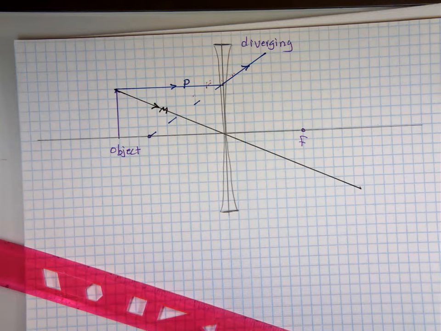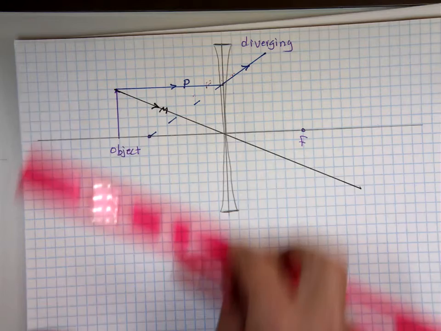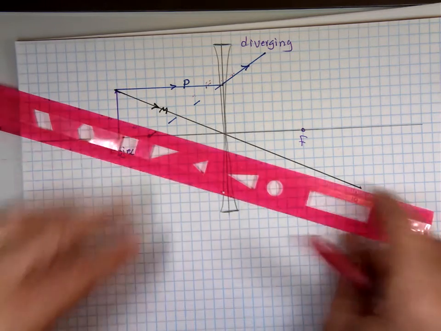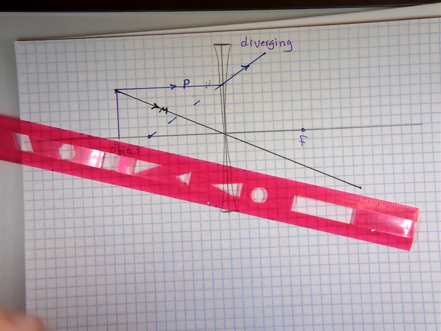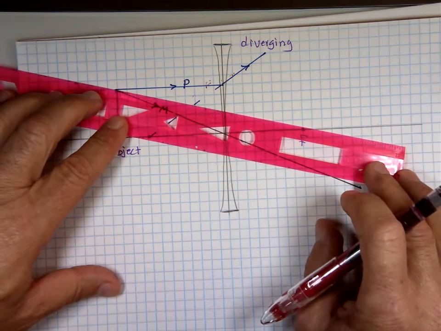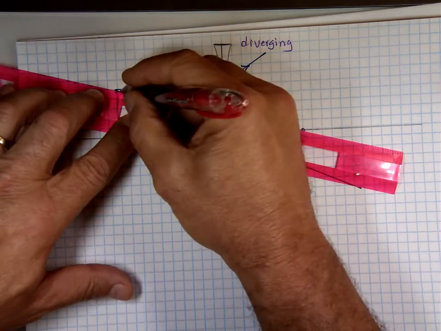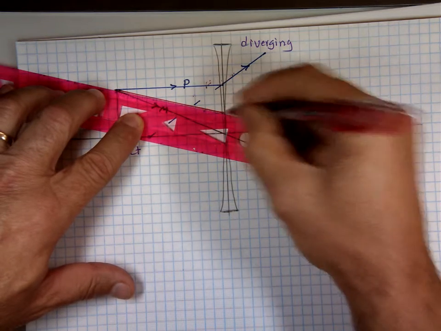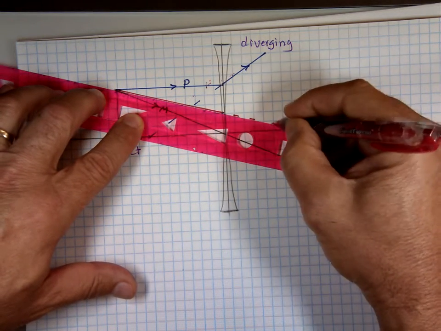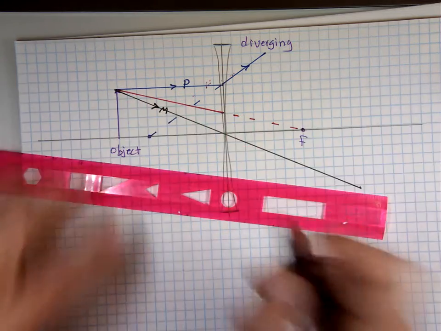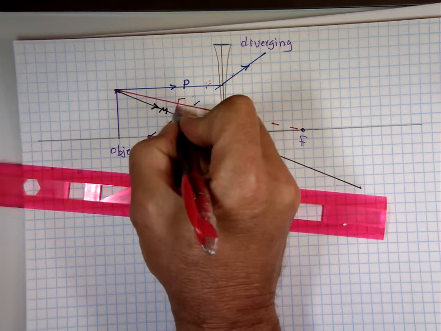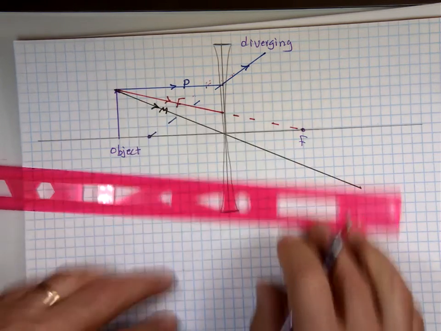Now, when you say going through the focal point, it's not this focal point, it's going through that focal point. So it's pointing in that direction, going through that focal point. Notice I'm pointing toward that focal point. But once we hit that edge, that's the F ray, once we hit that, it's going to come out parallel.